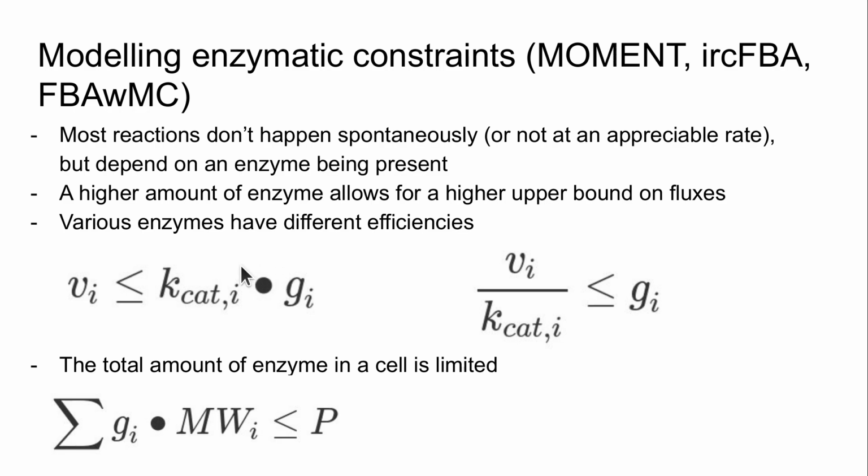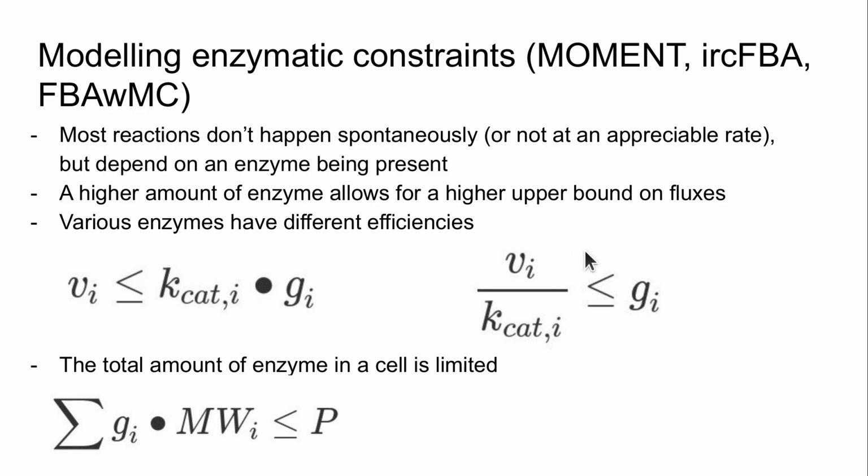Some enzymes will be able to catalyze quite a lot of flux for a low total mass of enzyme, while other enzymes will need to be present in much higher doses for a corresponding amount of flux. And so the product of the concentration multiplied by the efficiency will set an upper bound for the rate of reaction. And we can rewrite this by simply shifting this kcat under here. It's really just a very straightforward conversion.